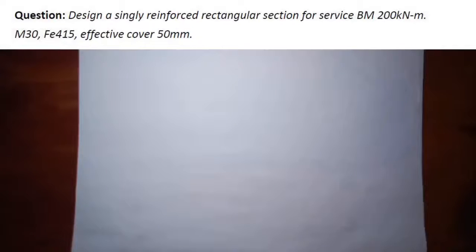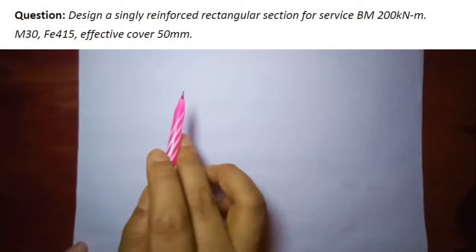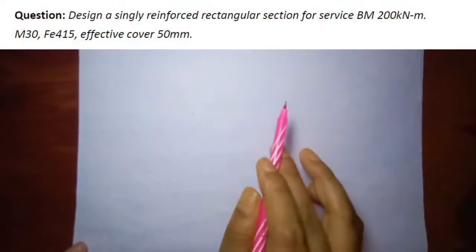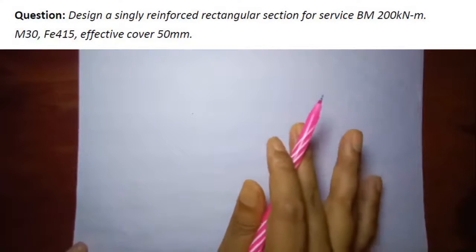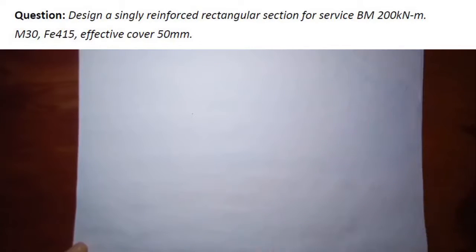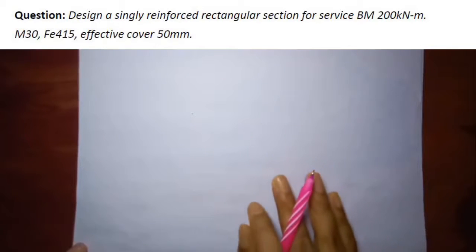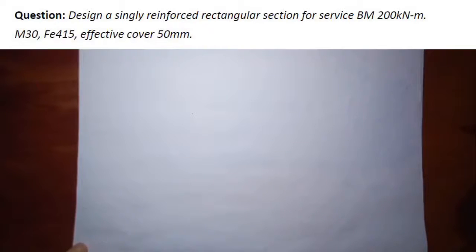So now this is the second type of question where we have to design a singly reinforced rectangular section for service bending moment 200 kN meter, M30, Fe415 are the grades, and effective cover of 50 mm shall be used. Neither are we given any dimension, we are just given our service load and the grades of concrete and steel, and are asked to use some effective cover.